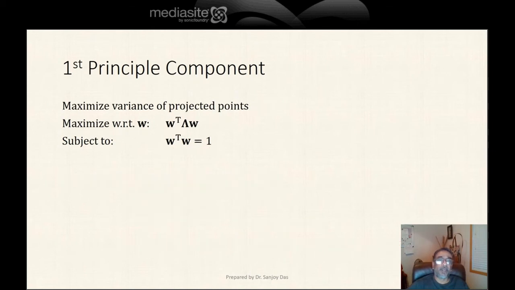This is our constraint optimization problem, and the solution is W equals V1, the first eigenvector. And what's the variance along the projection V1? It's V1 transpose lambda V1, which is equal to mu1, which again comes from the spectral decomposition theorem.